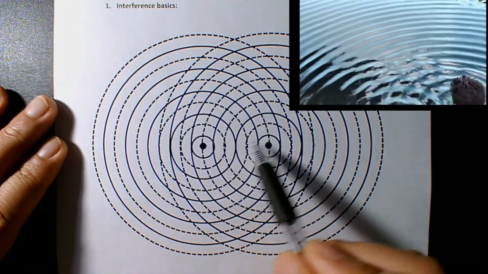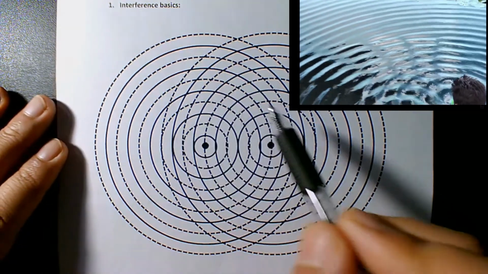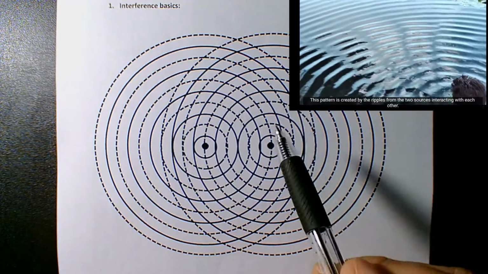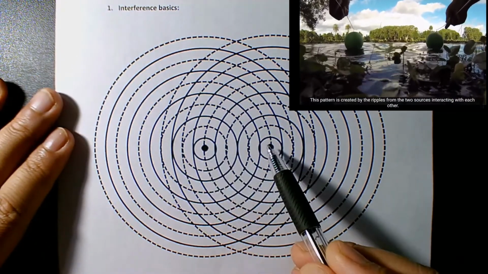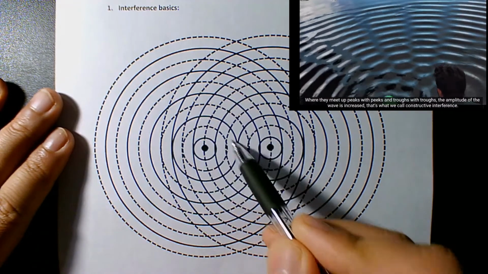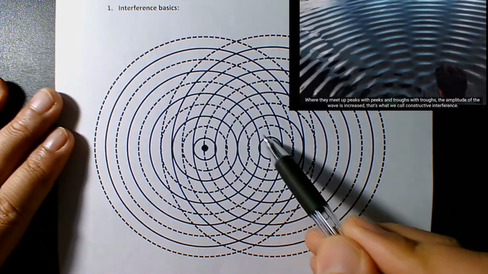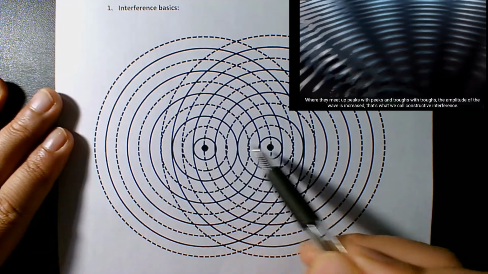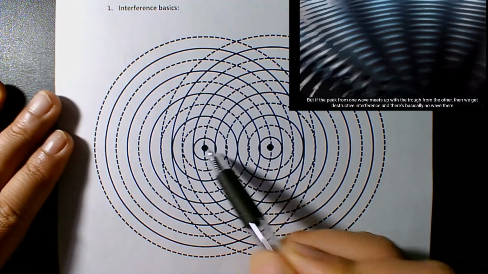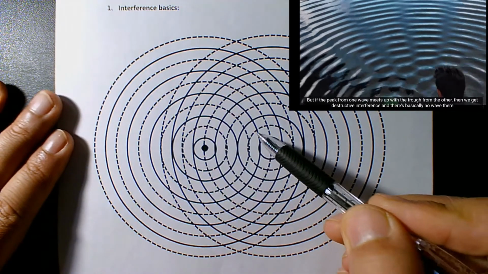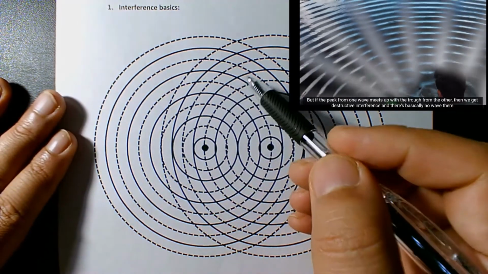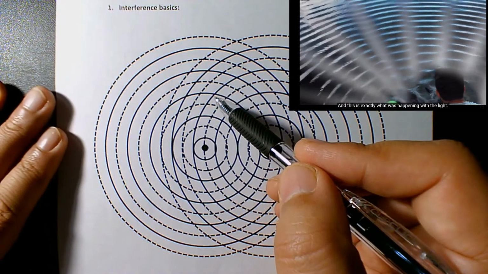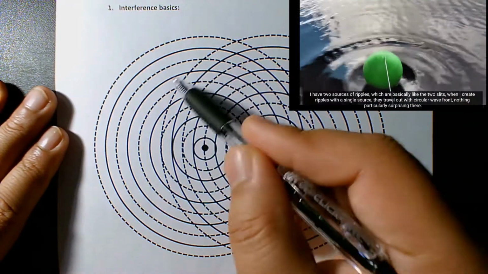then you will see an interesting pattern, and that pattern is because of interference of waves. Initially they start out with the same phase, but since these two waves generated by these two sources have to travel different distances, they may meet out of phase, or they may meet in phase at a certain distance.